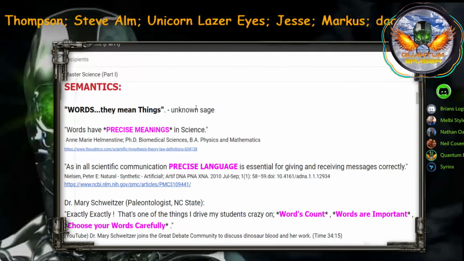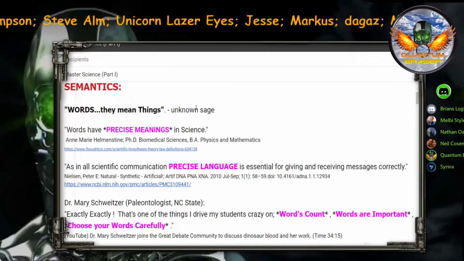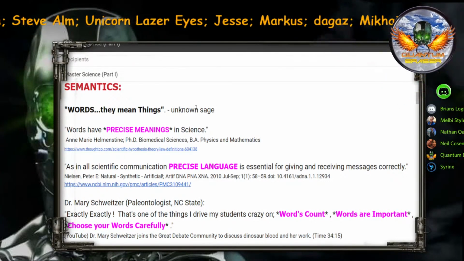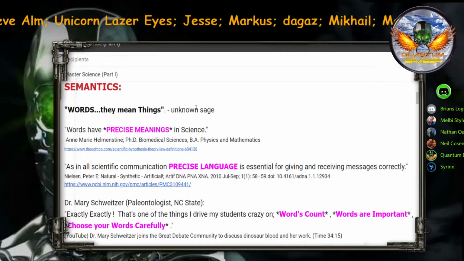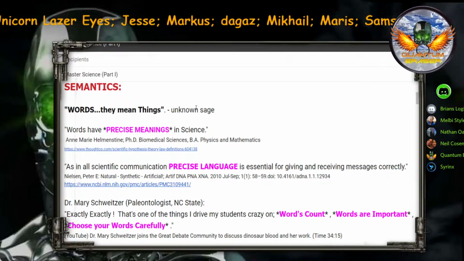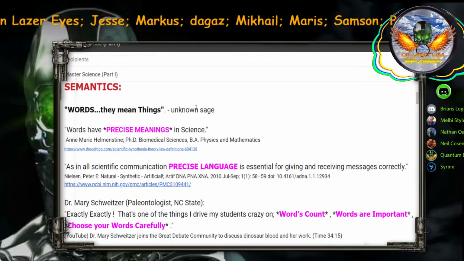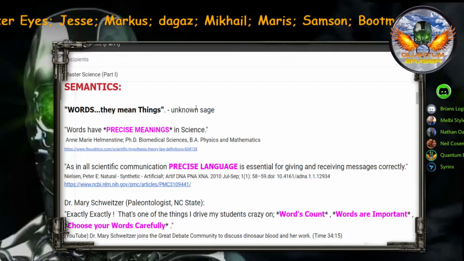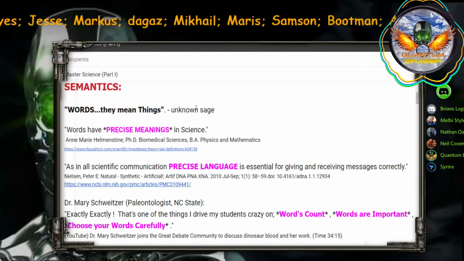Words have precise meanings in science. You have to be precise in what you're communicating, whether you're talking or in print. People have to know precisely what you're doing. It can't be vague. There can't be any questions to it.